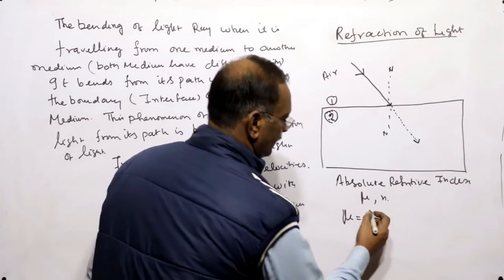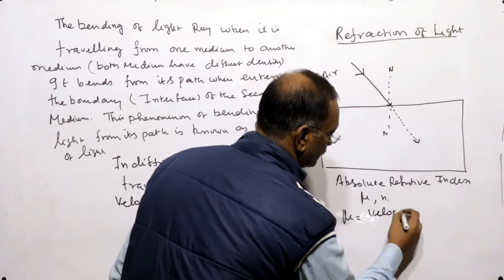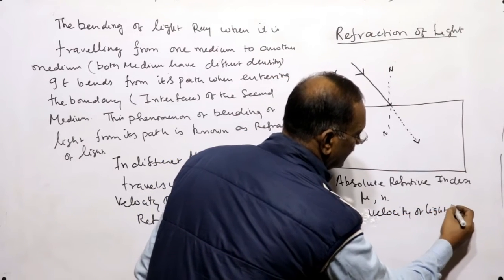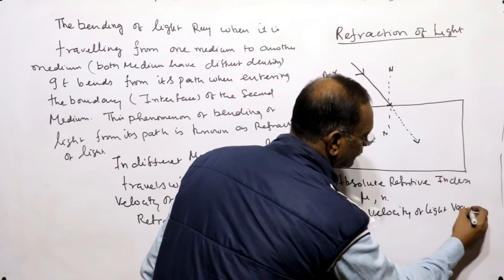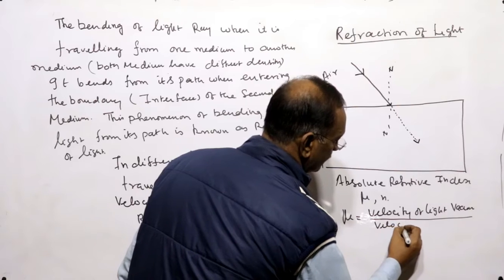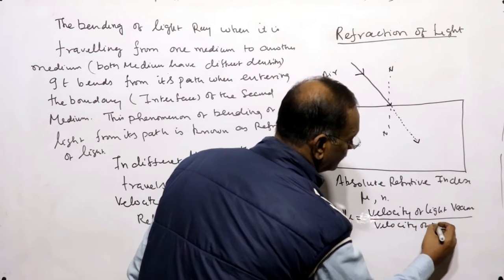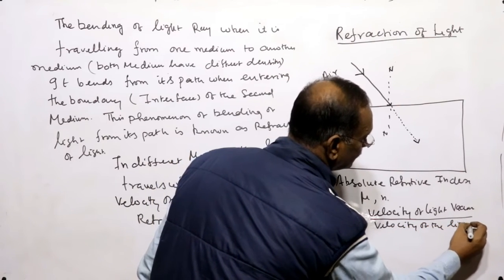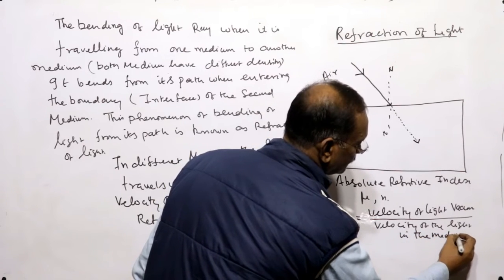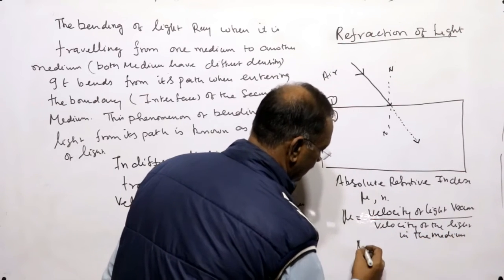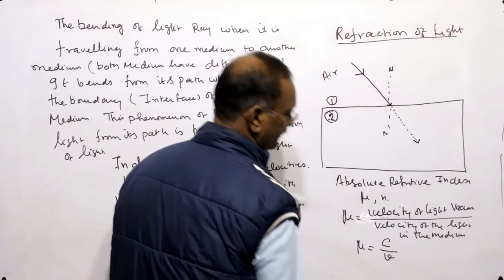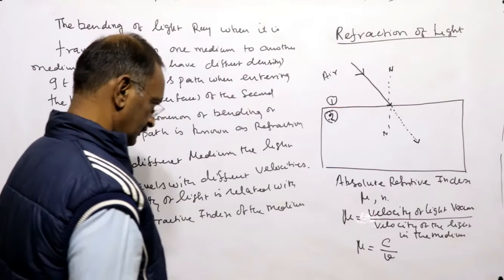That is, absolute refractive index is equal to the velocity of light in vacuum divided by the velocity of light in the medium.